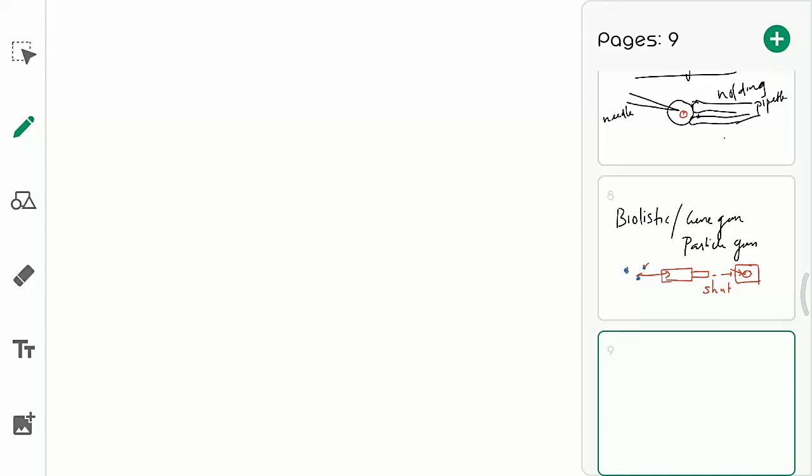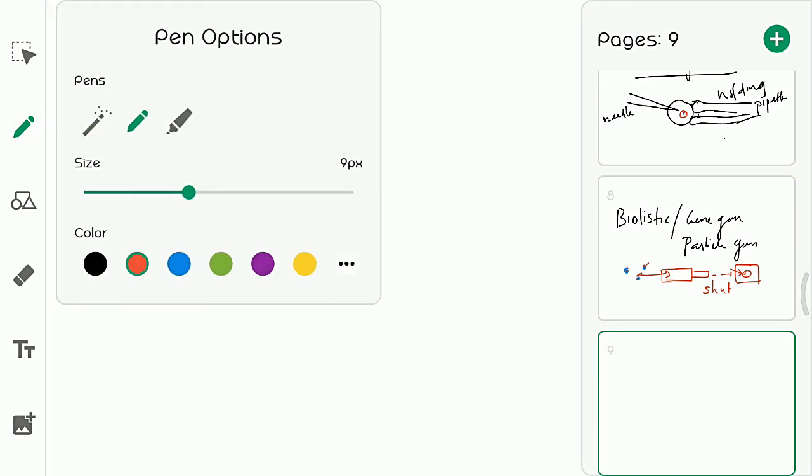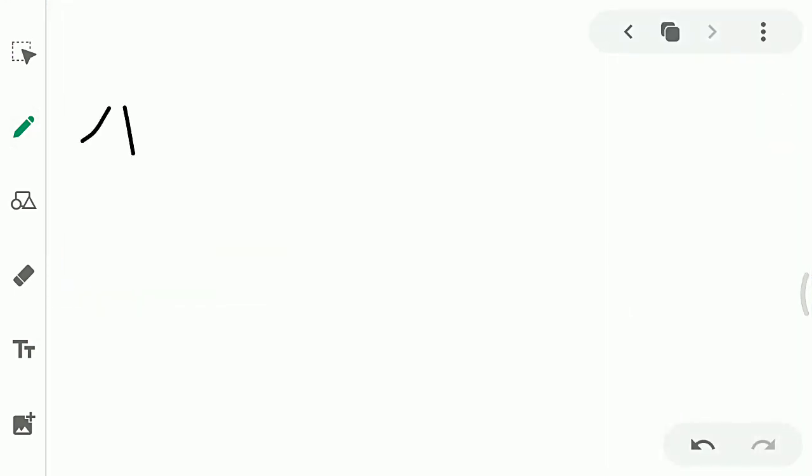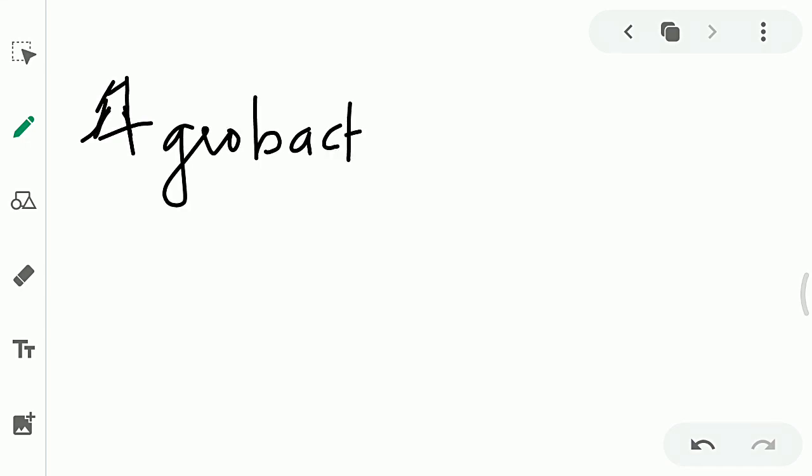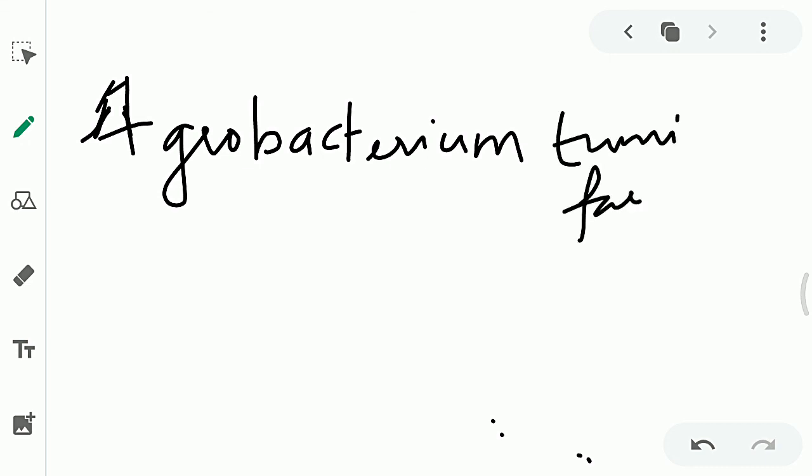So apart from this, there is a bacterium which is also known as a natural genetic engineer. This bacterium is Agrobacterium tumefaciens.